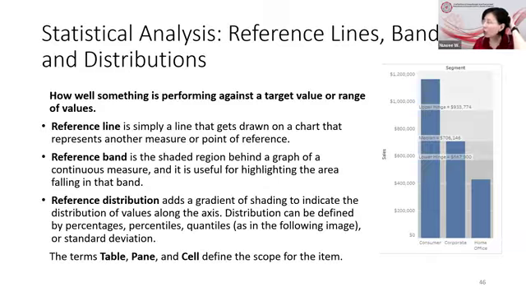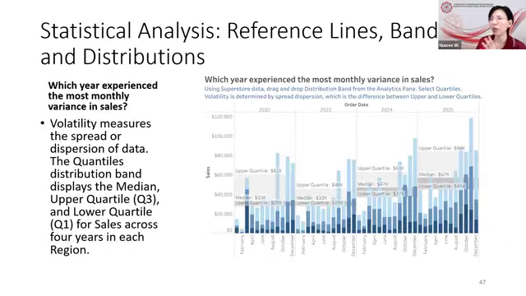So we also need to know the scope of the reference line or reference band that we want to build upon. So in this graph, we want to answer the question using the reference distribution.